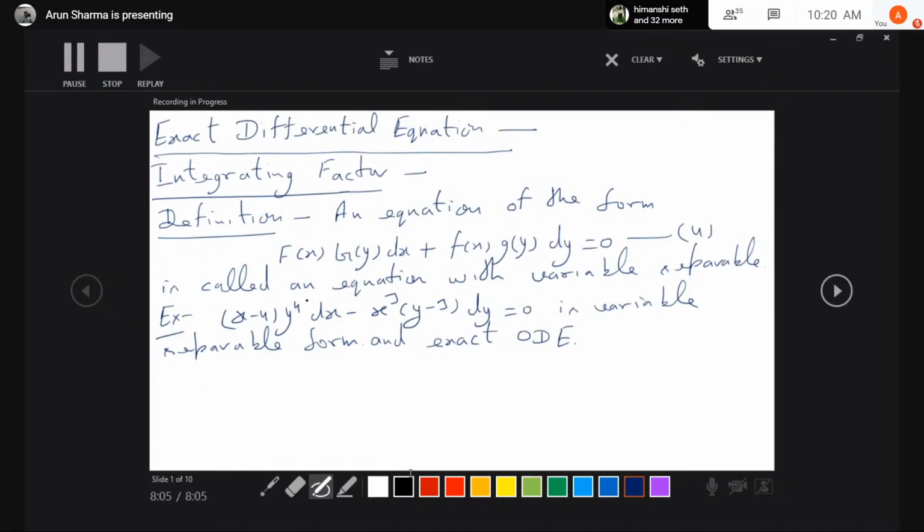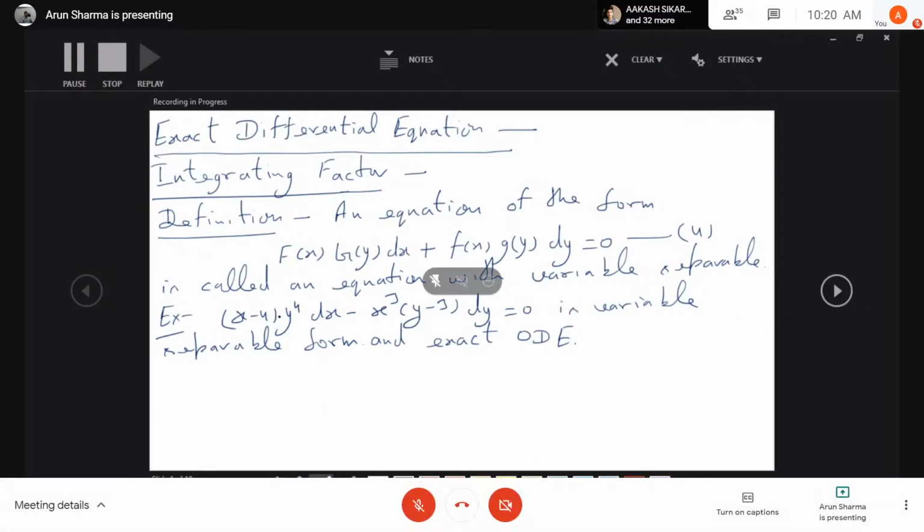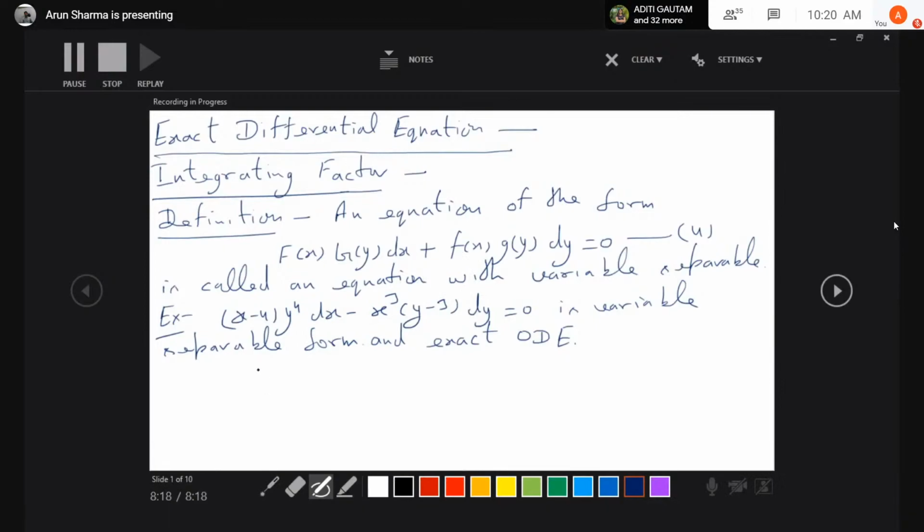So how to make it exact? We can convert a non-exact equation into an exact equation by multiplying by an integrating factor. Now what is the integrating factor here? Mu.